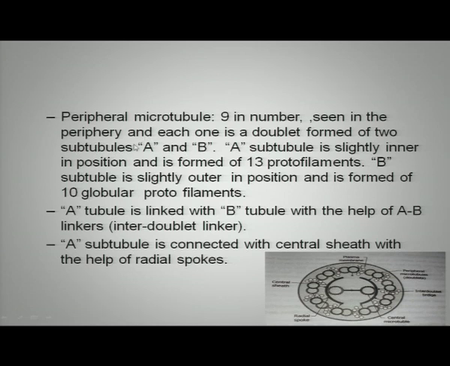Each doublet is formed of 2 subtubules, A and B. The A subtubule is slightly inner in position and is formed of 13 protofilaments, whereas the B subtubule is slightly outer in position and is formed of 10 globular protofilaments.